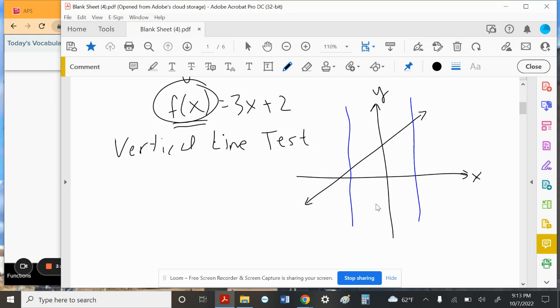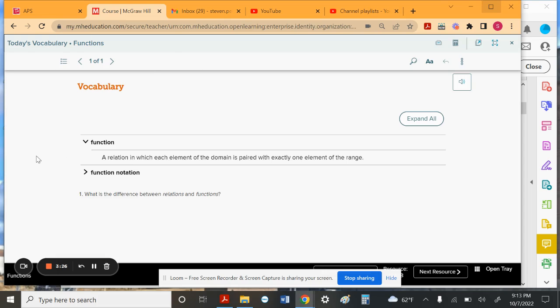If I draw a vertical line anywhere in the function, and it touches the line or the equation more than once, then it is not a function. If the vertical line only touches the equation once at any point, then it is a function. Okay, we're going to talk about the vertical line test in a minute.